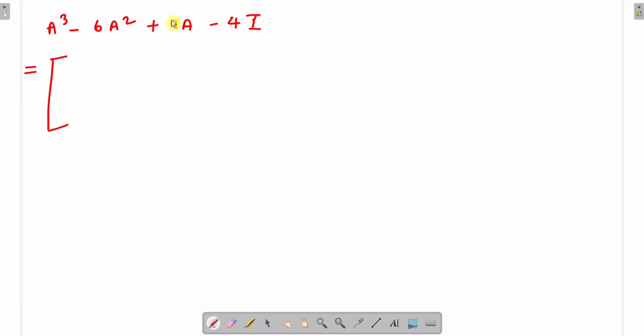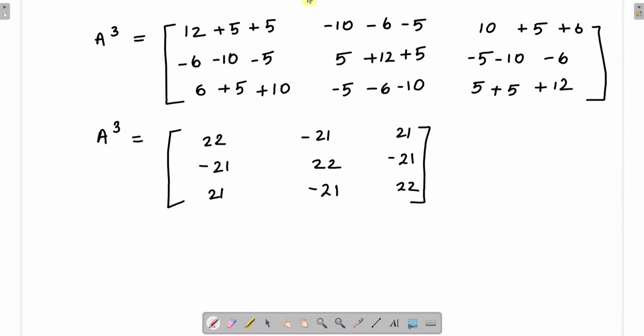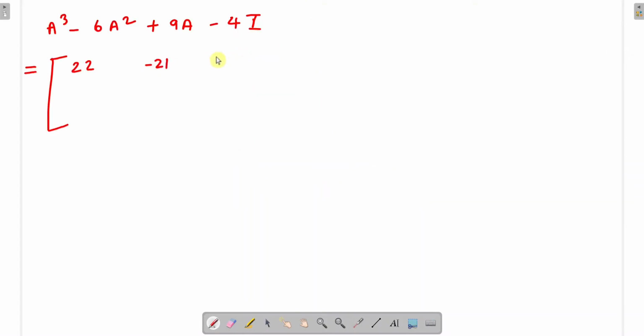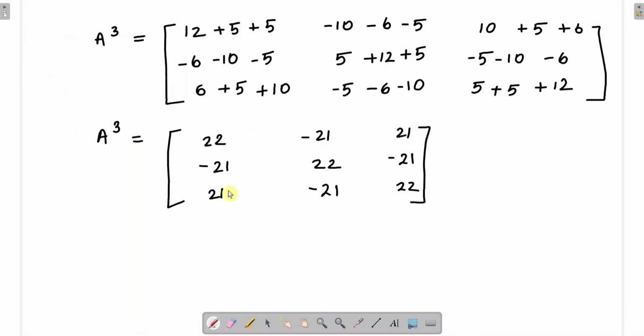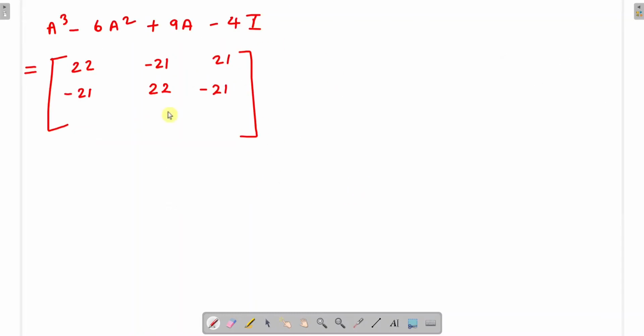So the matrix A cube is 22 minus 21 21, minus 21 22 minus 21, and the third row, 21 minus 21 22.